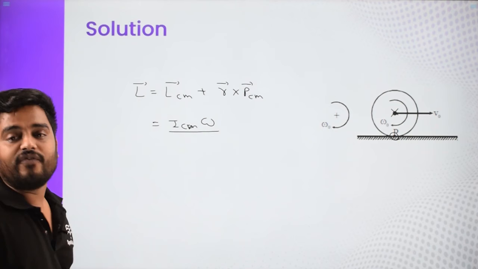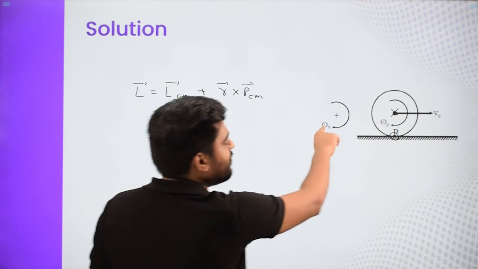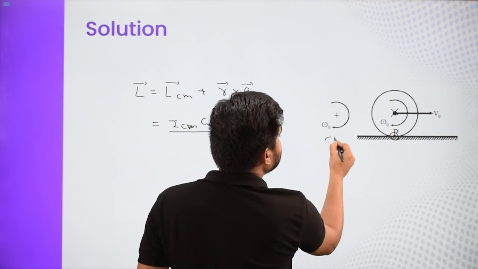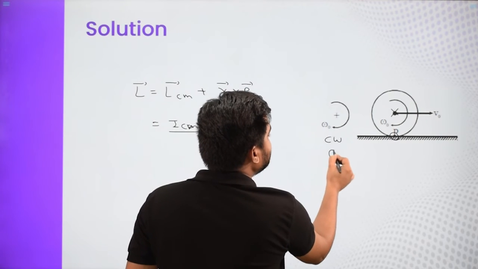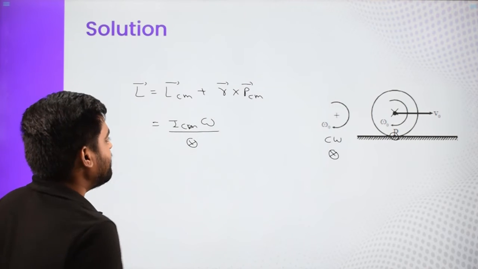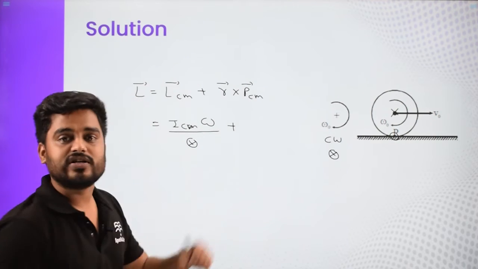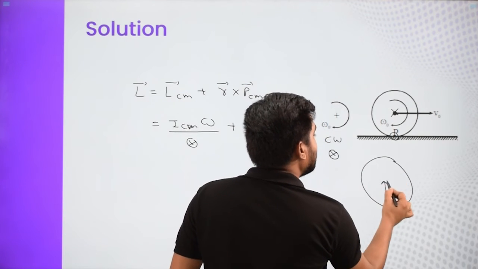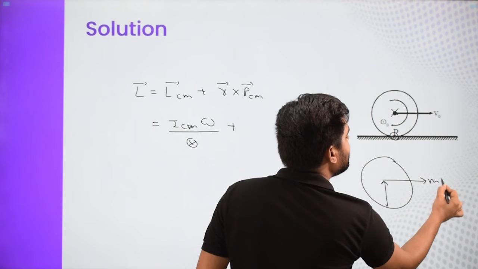What is the direction of this? To check that, omega is in this direction and they are saying clockwise is taken as positive, so positive is into the plane of the paper. So this is into the plane of the paper, plus r cross p. Here, this is the sphere, this is my r and this is my p vector, which is mv0.